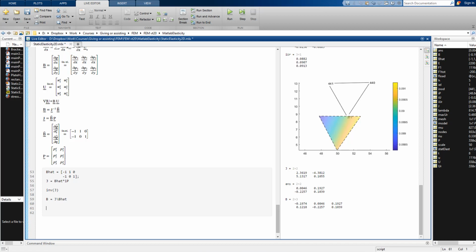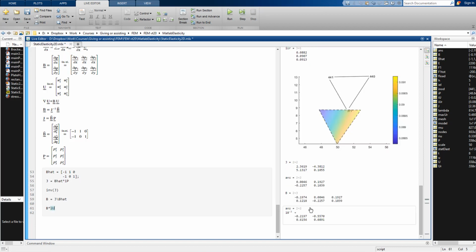Now we can take the gradient of u by multiplying B with U, and this is our gradient of u. So we can type grad u here, so we have that as a variable.